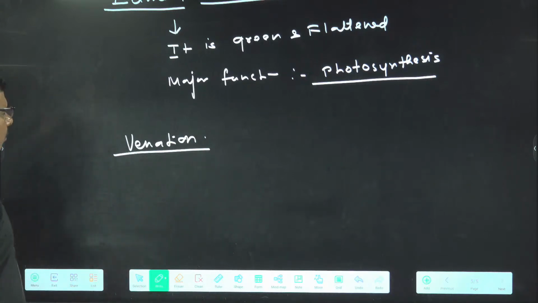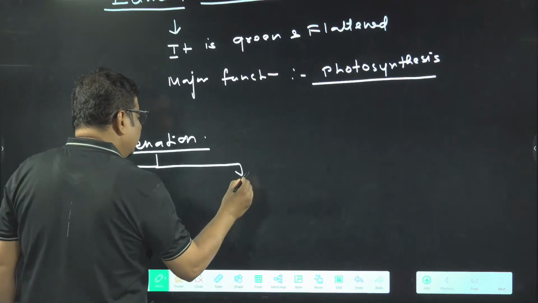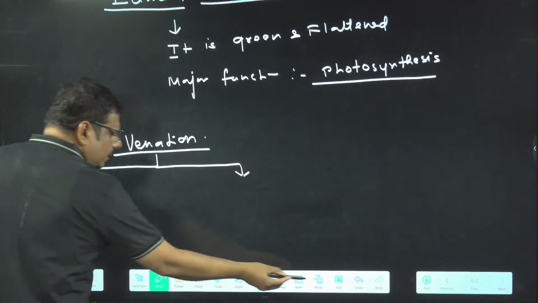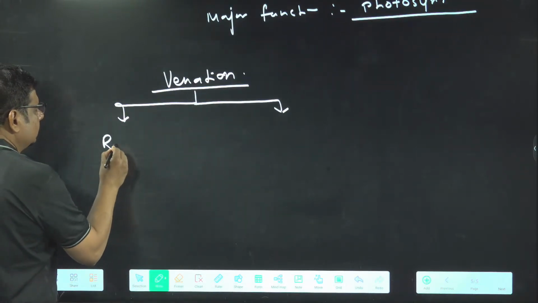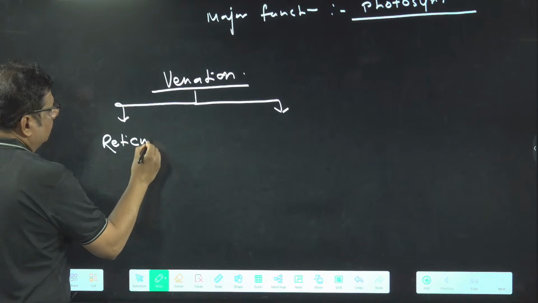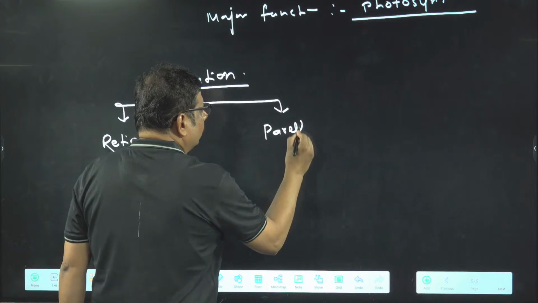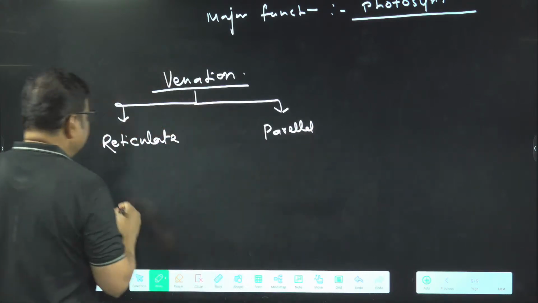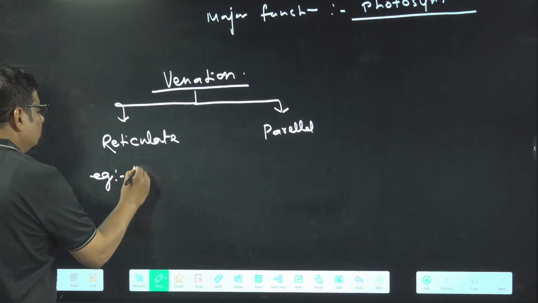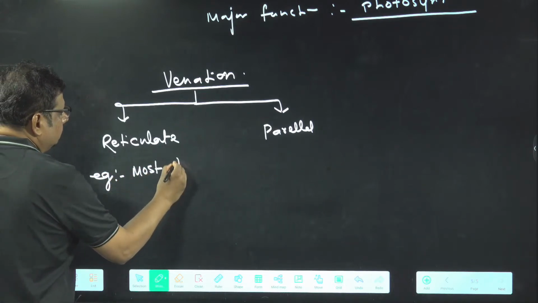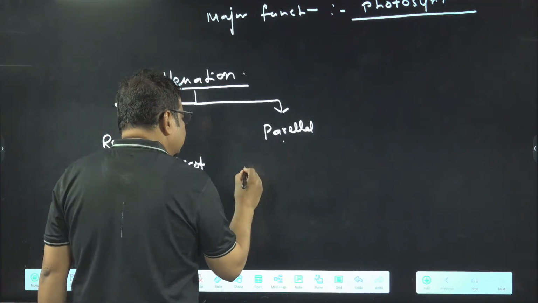Getting the things. So how many types of venation do you find in the leaf? According to NCERT, you can say there are two types of venation present. One is which one? Reticulate venation. Another is which one? Parallel venation. If you talk about reticulate venation, the example is what? Most dicots. And parallel venation, what is the example?